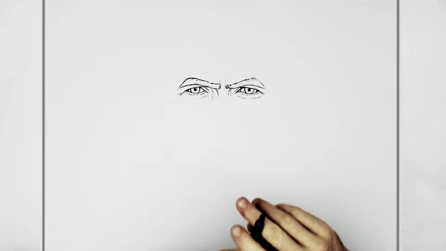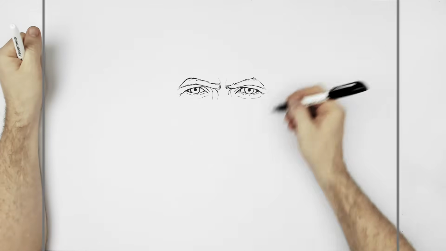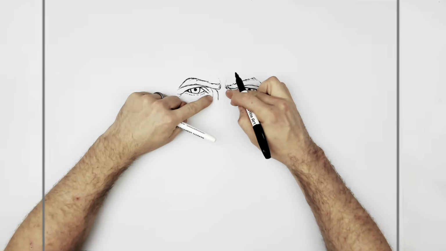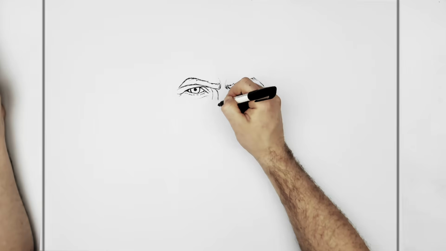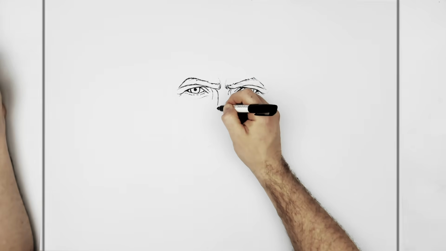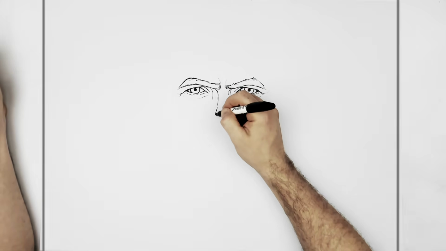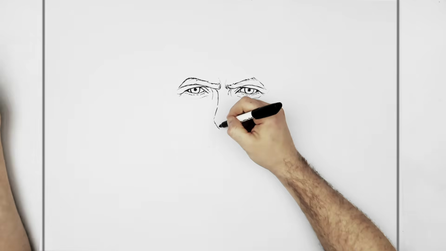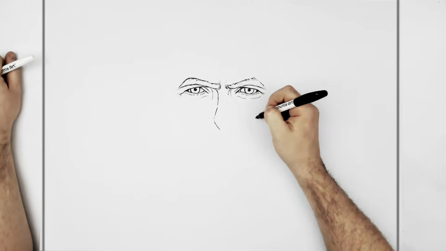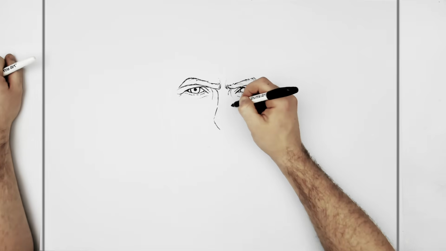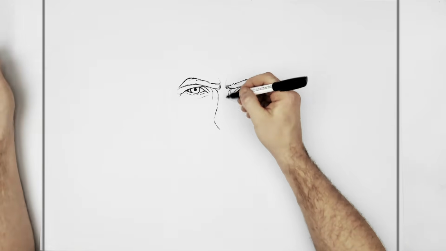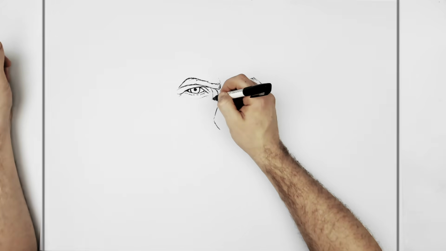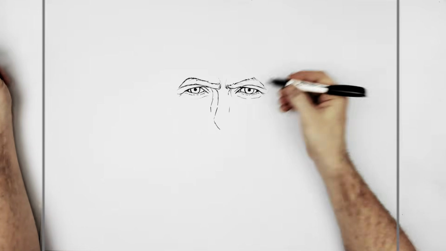Now, nose, again, quite crooked, right? So let's try. We'll go for the bridge down. It kind of bends this way. It's unusual, right? So we'll go, and we'll go around and kind of down there. And then the other one, I guess there should be a little bend on that side, but you don't want to do too much with noses.